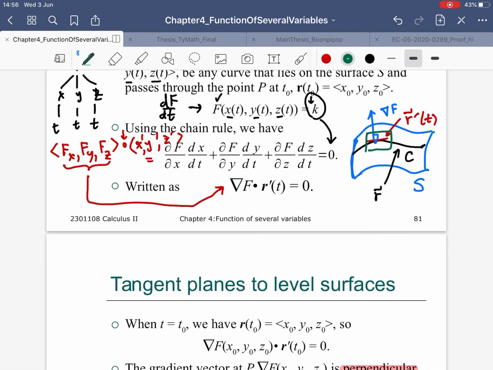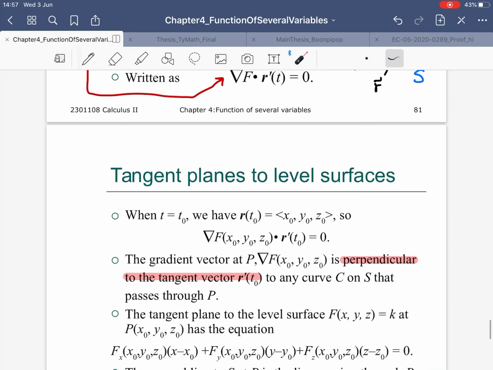And this plane, the green one, has the gradient of f as its normal, because it is perpendicular to this tangent vector.